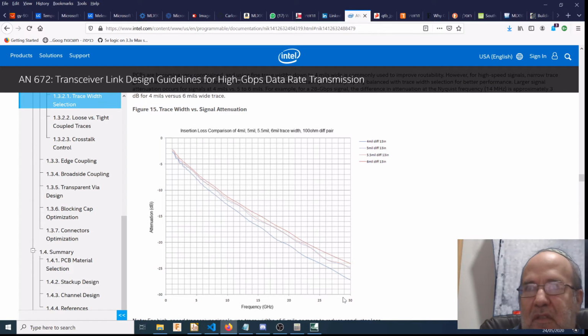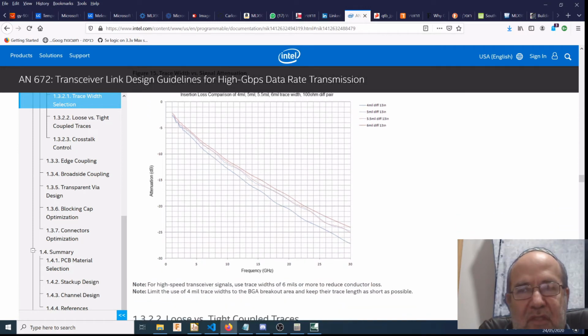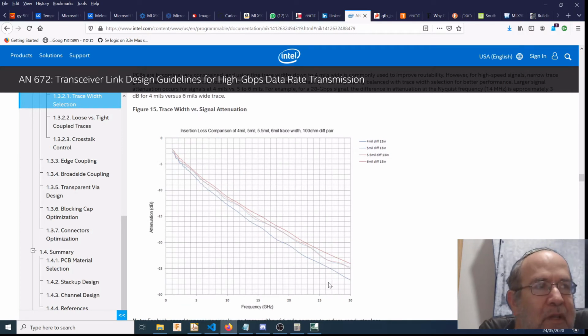Personally, I don't think that I've ever got above 1 megahertz in any design that I've looked at. Very rare, and this would be a big issue if you're talking about a 28 gigahertz line. A 28 gigahertz line would be somewhere down over here.